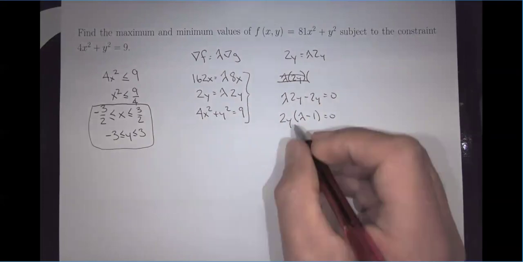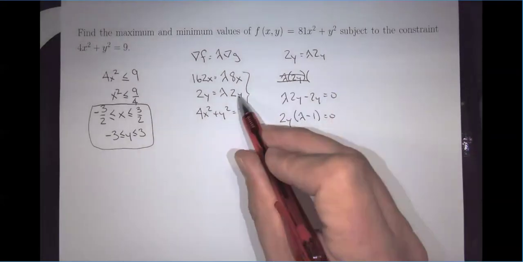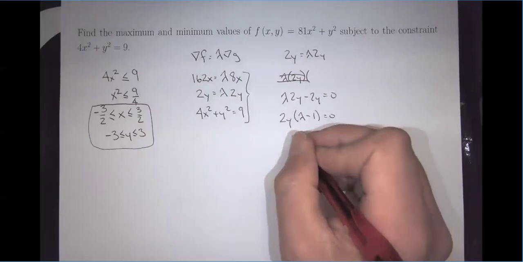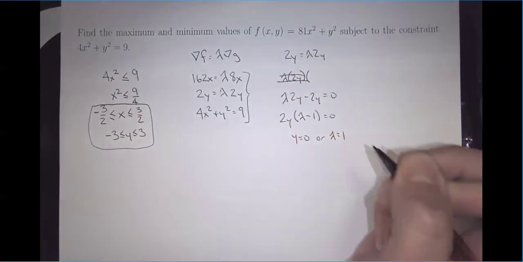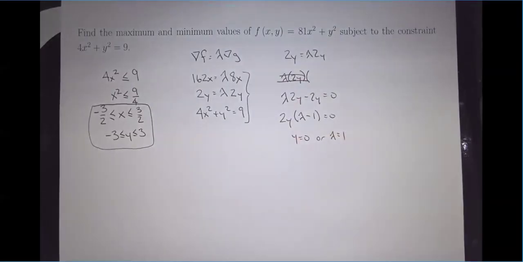All right, so to satisfy constraint number 2, then y has to equal 0, or lambda has to equal 1, or perhaps both.